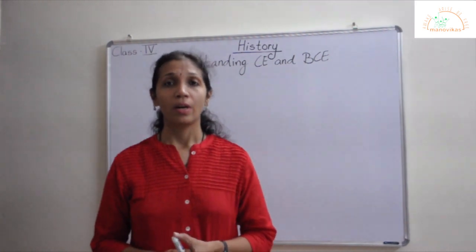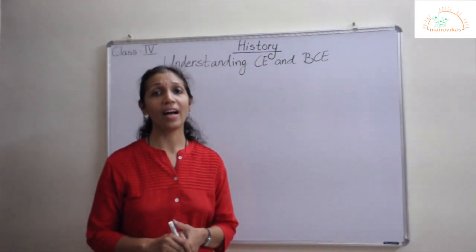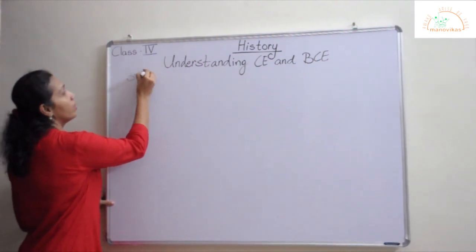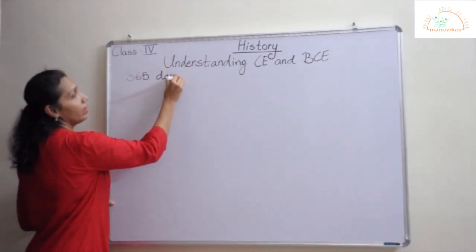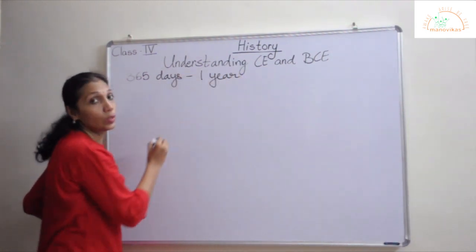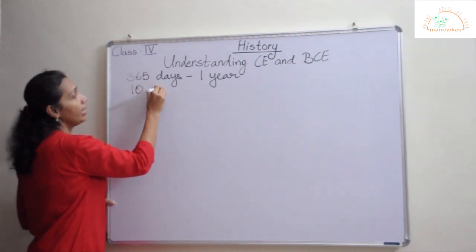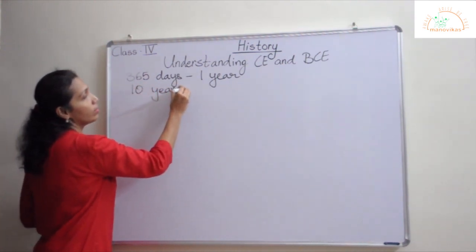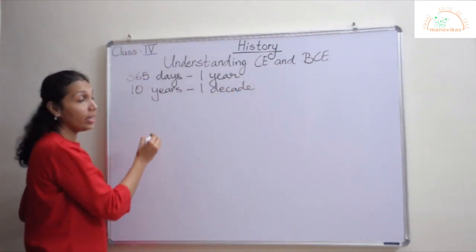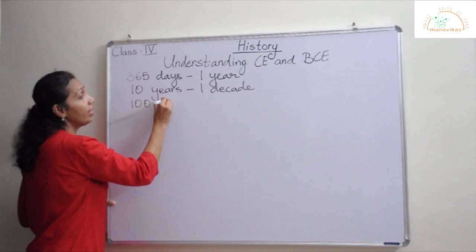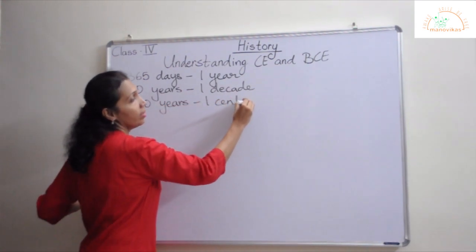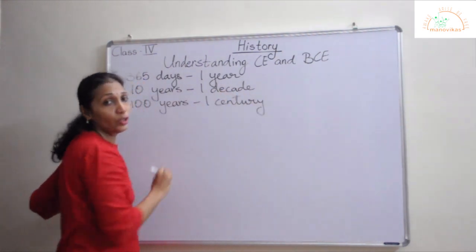As you know, a year has 365 days. So 365 days make 1 year. So a period of 10 years is known as 1 decade. A period of 100 years is known as 1 century.